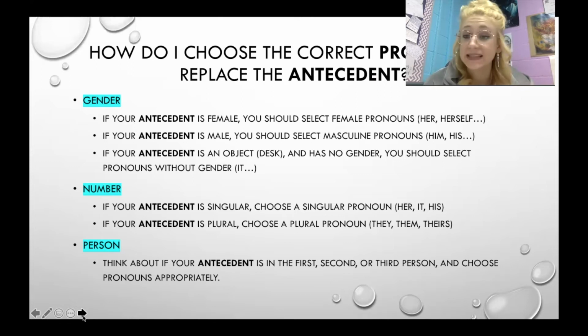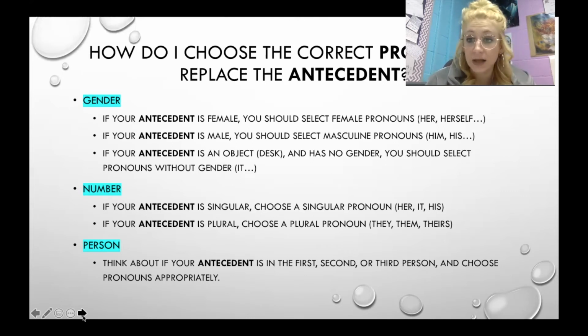If you have an antecedent that is male, such as Mr. Searles, then you are going to select a masculine pronoun to replace the antecedent. So if I took out Mr. Searles and I'm replacing him with a pronoun, I would put him, his, himself.